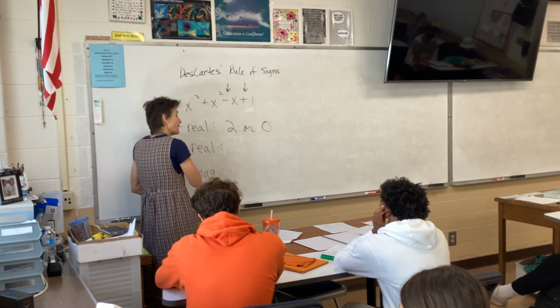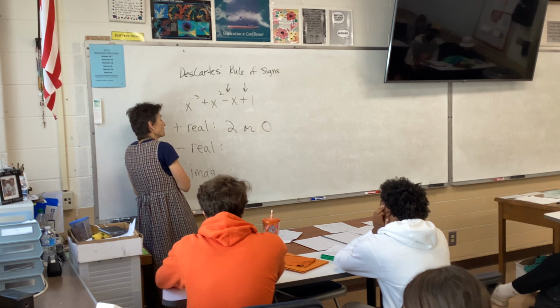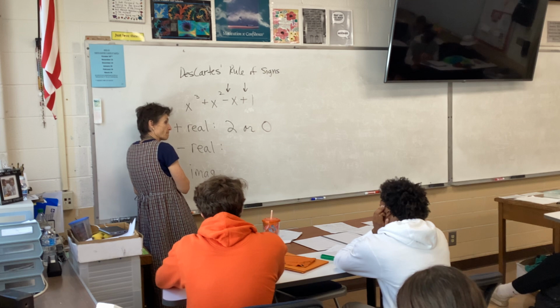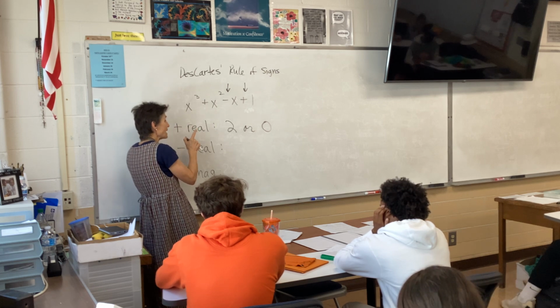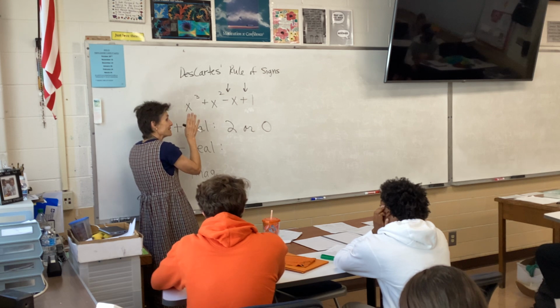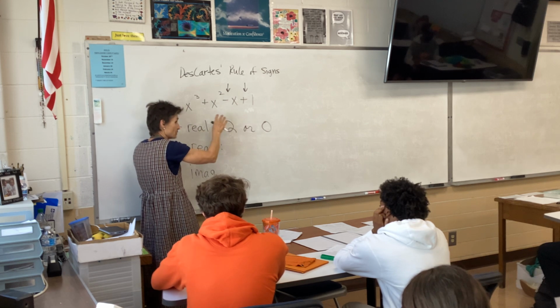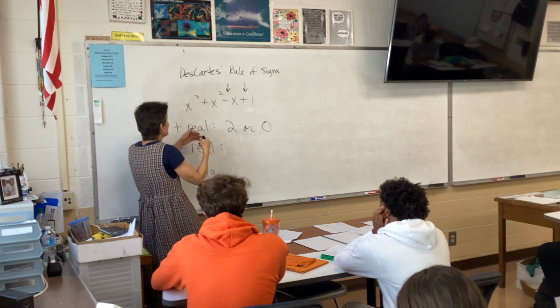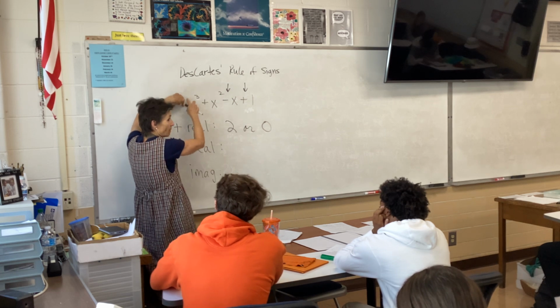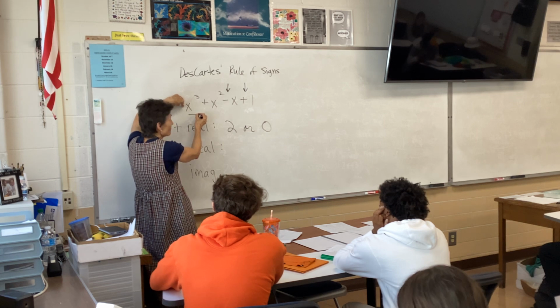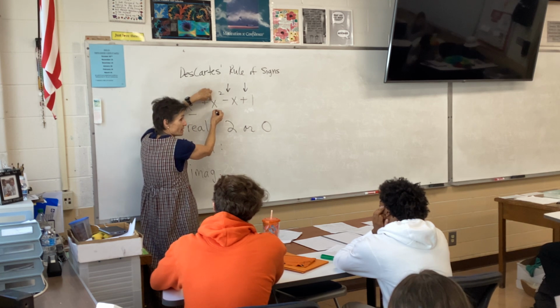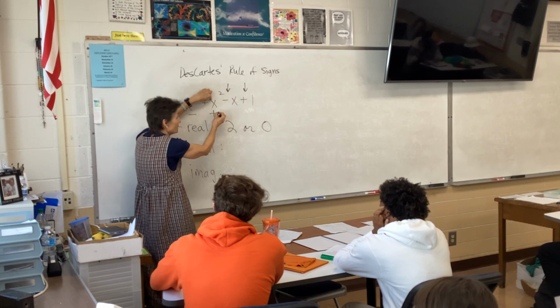Now, how do we do the negatives? Do you remember what we do to do the negatives? Well, pretend that x is a negative number in the problem. If x is a negative number, then that term will be negative. This one will still be positive.